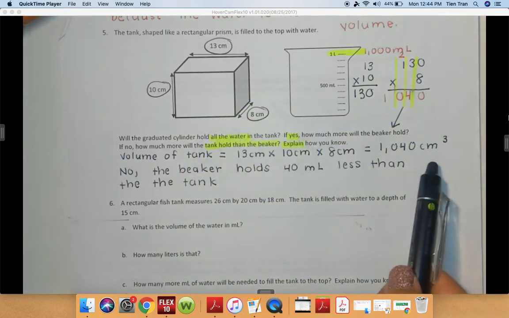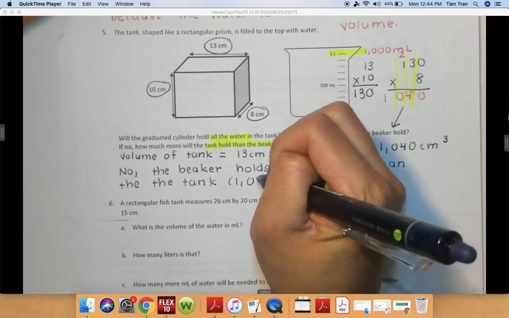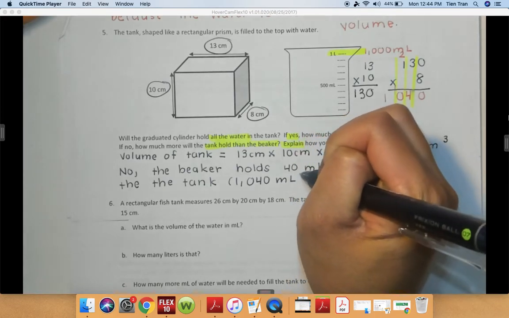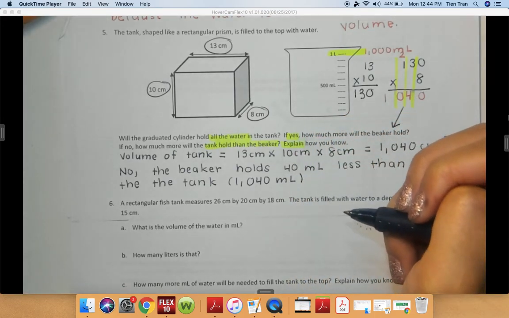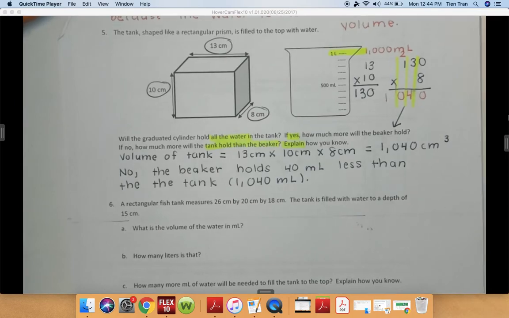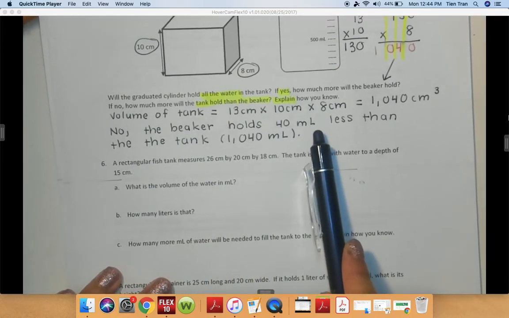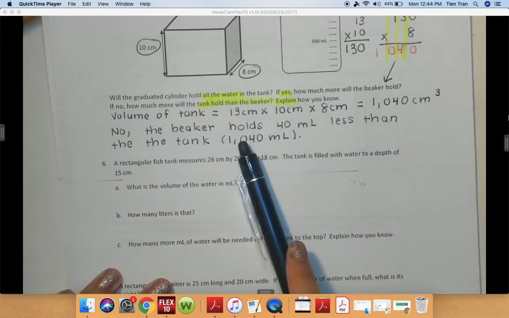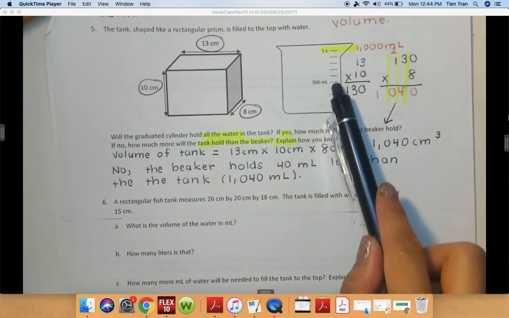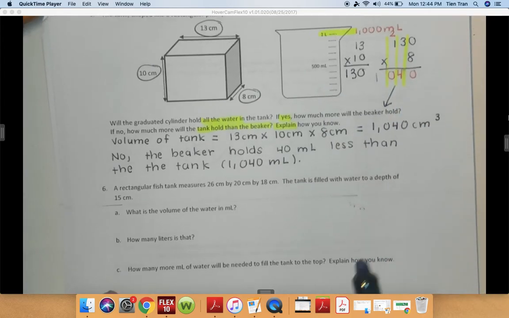And if you remember, the tank is 1,040 milliliters. So my answer is no, the beaker holds 40 milliliters less than the tank. So if I were to put this in here, it would spill.